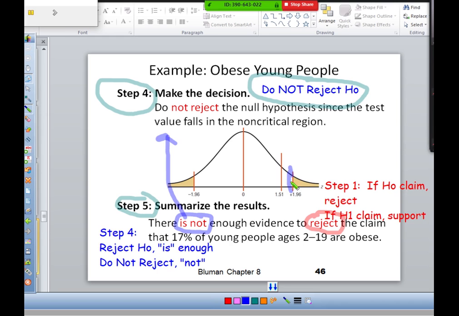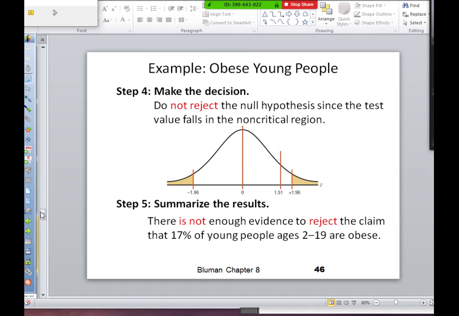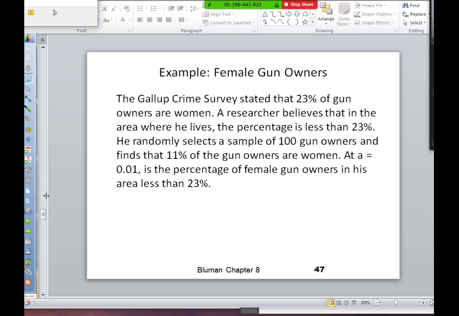And just because I don't have enough evidence to reject the claim doesn't mean the claim is true. The claim might be true, I just don't have enough evidence to prove it. It might very well be that it's not true that more than 17% of young people are obese. I just can't prove that it's not. So it's not the same as enough evidence to support it, because I can't prove that 17% are. I just can't prove that they're not. That's a less strong comment.